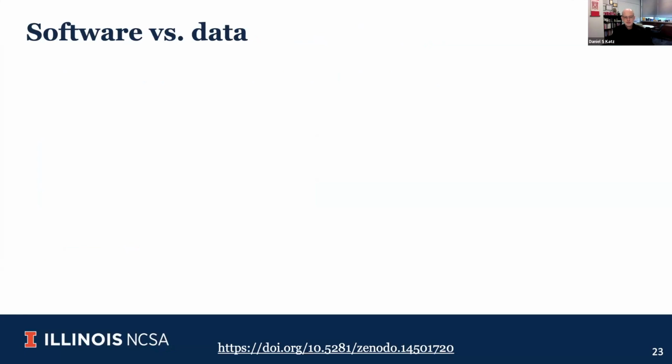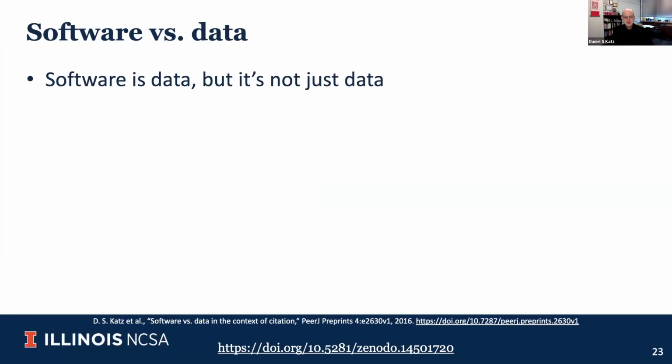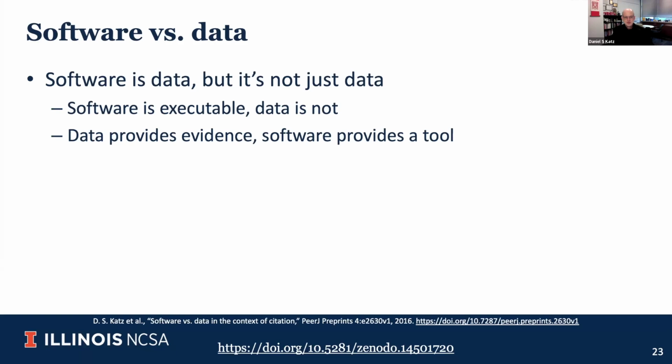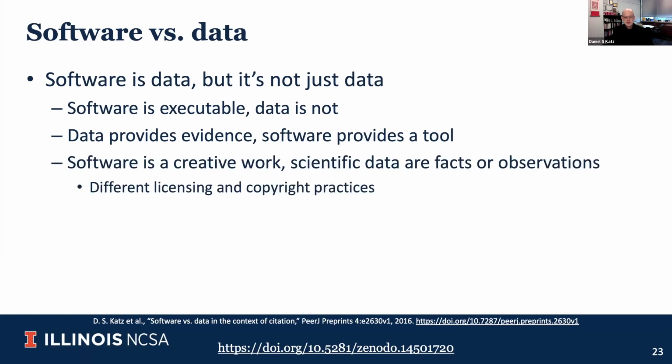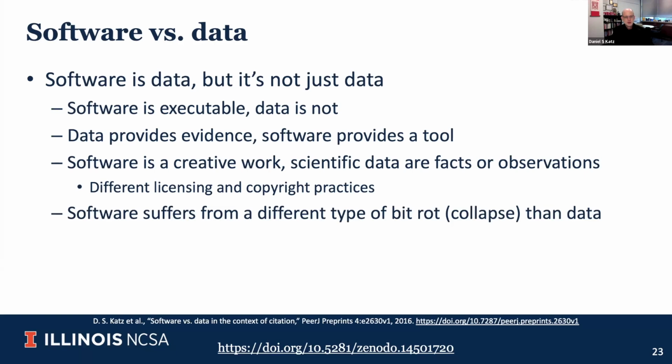Again, software and data are different, and just to mention a little bit of the reasons for this: software is data, but it's not just data. Software is executable, data is not. Data provides evidence, and software provides a tool. Software is creative work, and scientific data are typically facts and observations, and this leads legally into different licensing and copyright practices across multiple countries, but there almost always are differences for the two.